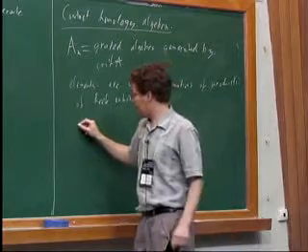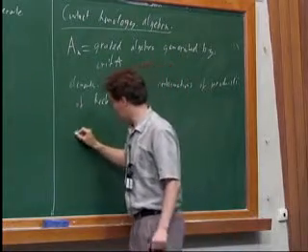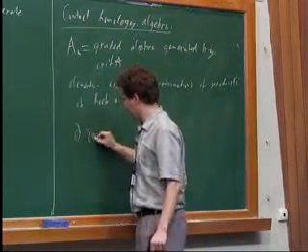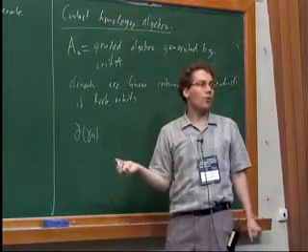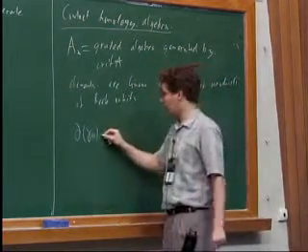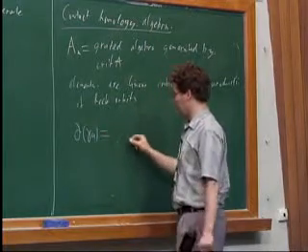Okay, so we define then the differential as follows. We define it on generators, and then we extend linearly and by Leibniz rule to describe what it does on products. And it works as follows.